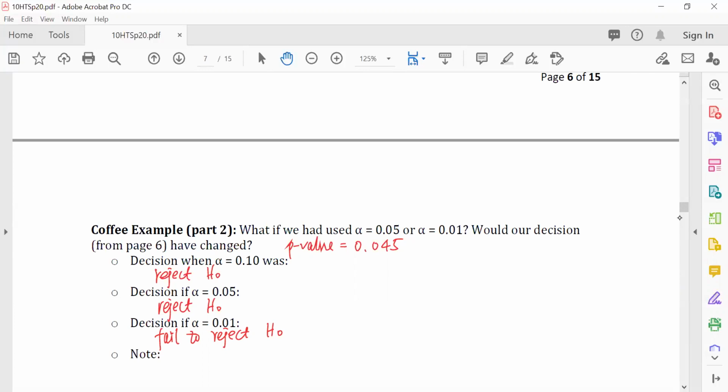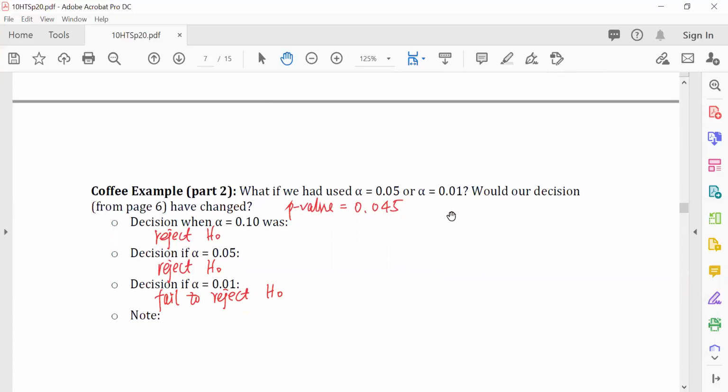So you can see that if you have the exact same data, the same t, the same n, and the same p-value, but your alpha is different, your decision about your hypothesis test is going to be different.